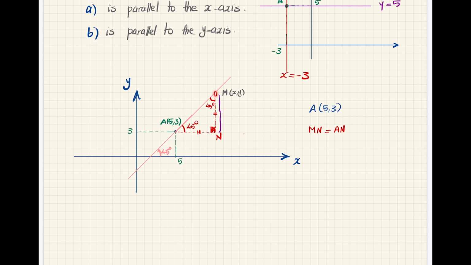So let me just draw this line for you. If I ask you what is the length from here to here, what's your answer? Plus 3. No, we don't know. Because from here to here is the y coordinate of this M. Do you agree? If I ask you what is from here to here, you can immediately answer.